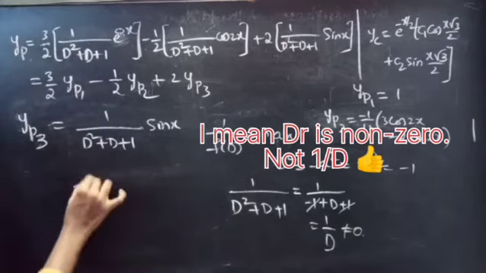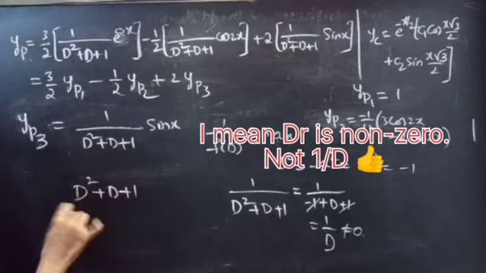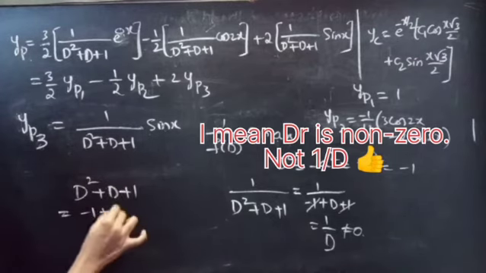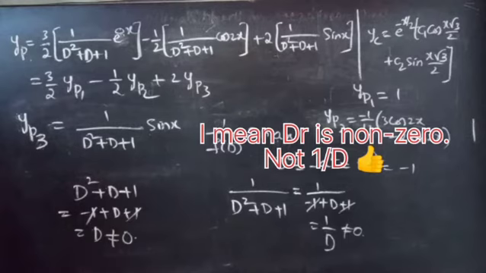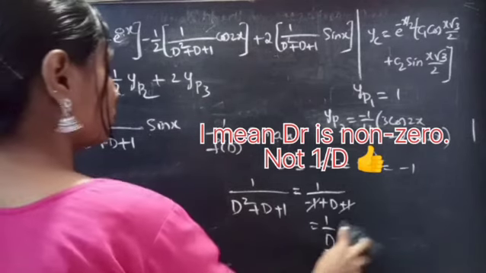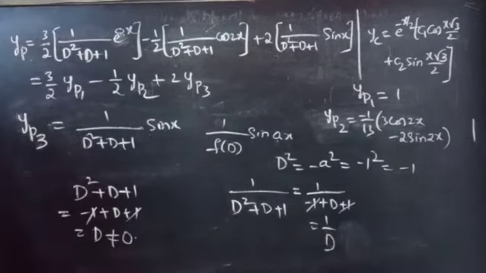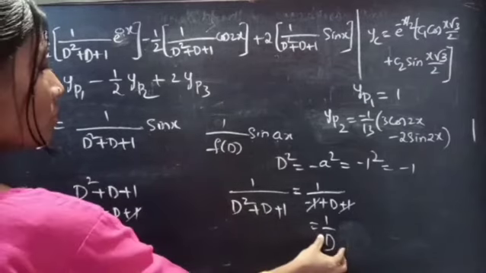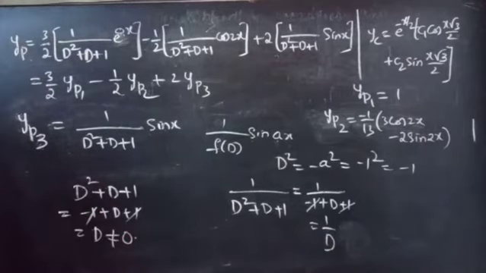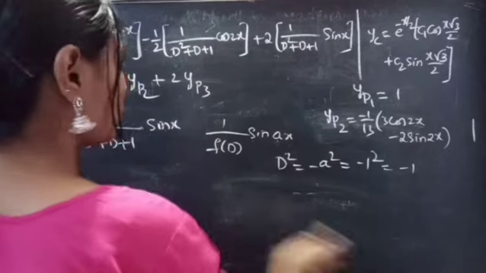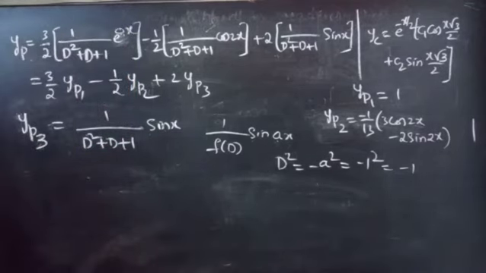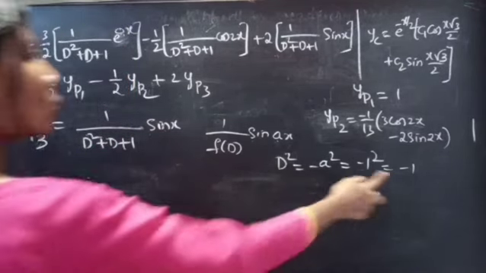Or just take the denominator part and see what happens. You'll get d, non-zero, right? The denominator becomes non-zero here, so the denominator will not become 0 by replacing d squared by minus 1.